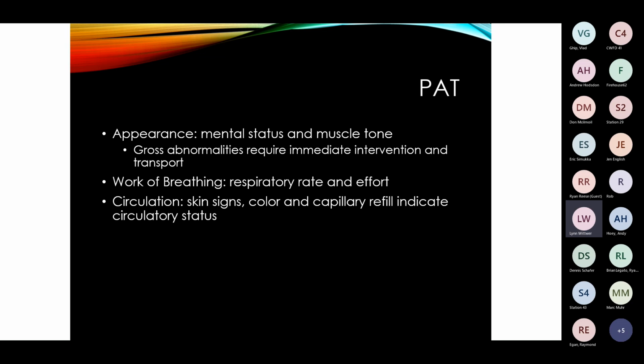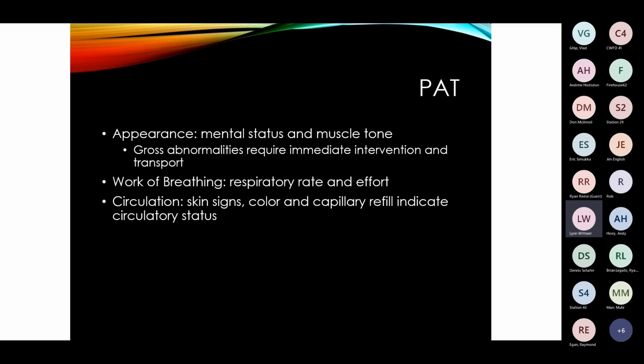The usual thing for most children is they resist your examination, especially as they get to be about 2 to 3 years of age. Gross abnormalities of mental status and muscle tone require immediate intervention and transport. Generally, the kids are in shock, whether it's septic shock or respiratory-induced shock.